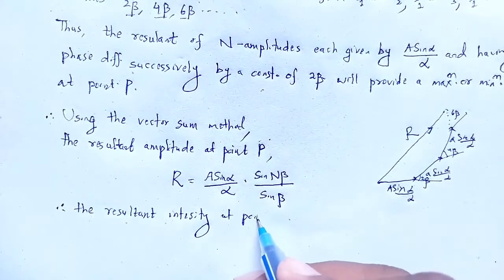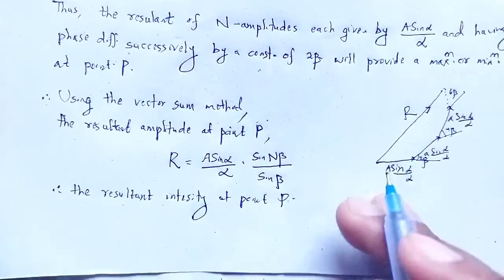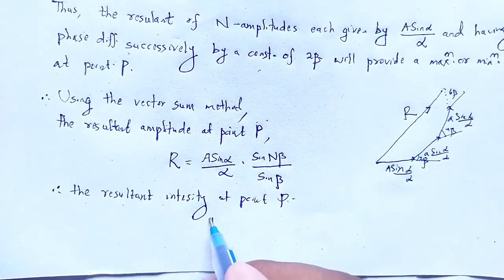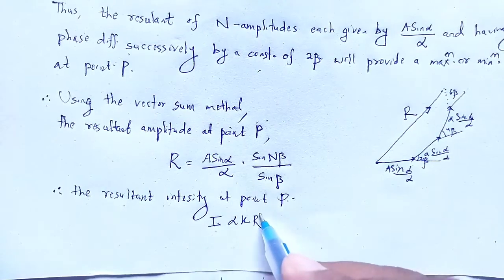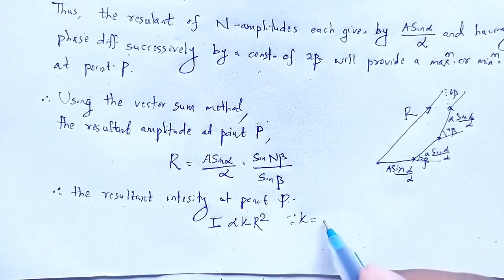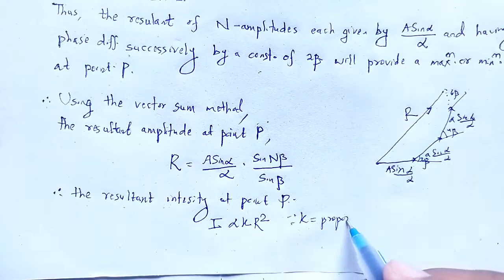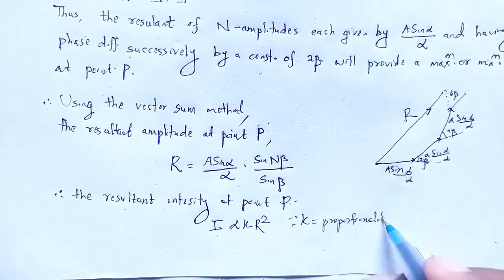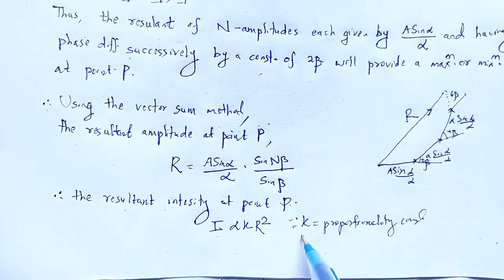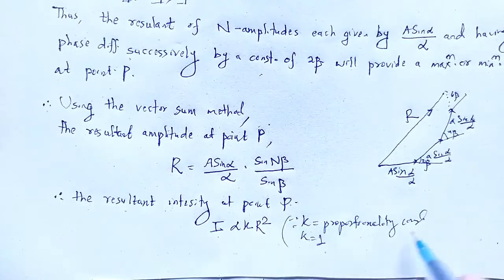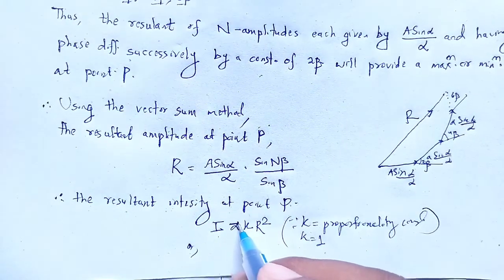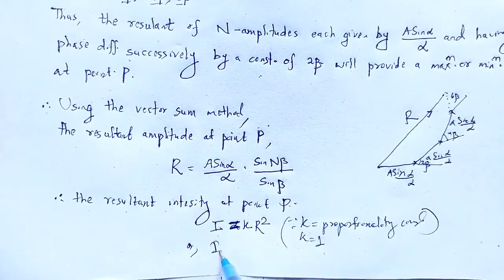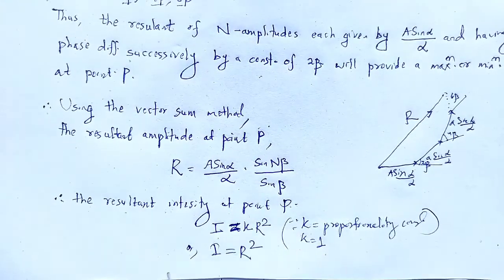at point P, we know the relation between amplitude and intensity, that is k r square, where k is the proportionality constant and its value is equal to 1. Therefore, we have I is equal to r square.